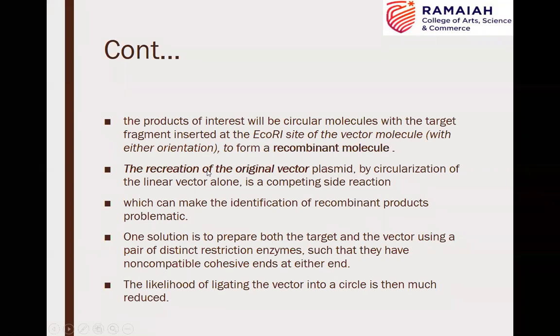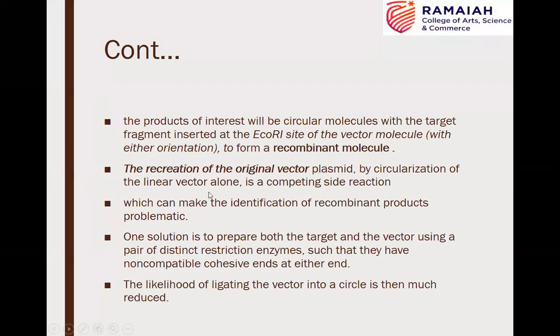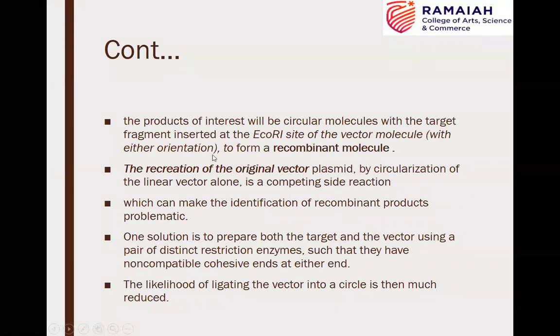But the recreation of the original vector plasmid by circularization of the linear vector is a competing side reaction. That's what I was mentioning in the previous slide. There is always a possibility that there could be recreation of the original vector by circularization of the linear vector molecule. That could be a competing side reaction.